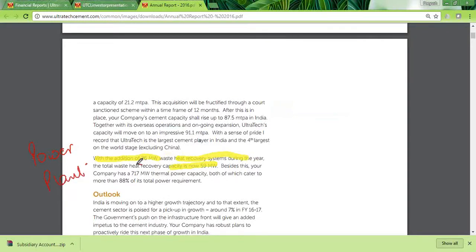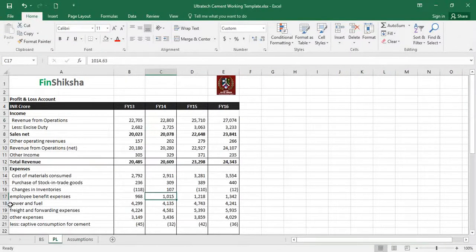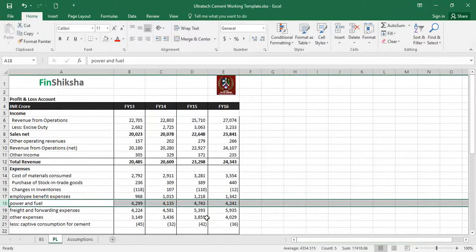Besides this, the company has 717 megawatt thermal power capacity, which caters to 88% of total power requirement. So total power capacity is close to about 770 megawatts. And why is there a power plant set up by a cement company? Because when we saw the P&L, power and fuel was one of the biggest costs. So the company has actually put in what is called a captive power plant.